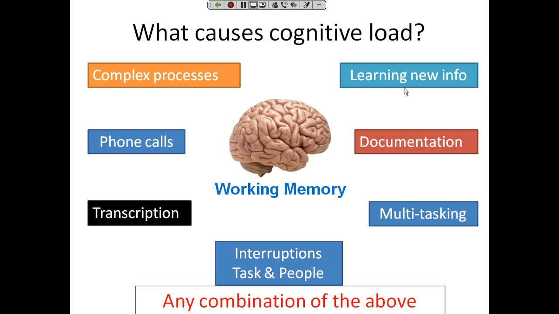And any combination of these factors causes cognitive load and impacts people's ability to focus, and therefore indirectly results in what we would call omission error. But its root has to do with those things that were described on the slide earlier. Interruptions being a key issue for us in today's environment with technology.